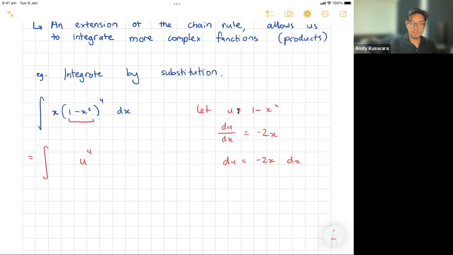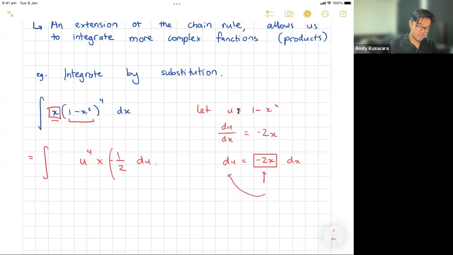I'm going to multiply by negative a half, because how do I get from negative 2x to just a single positive x? I need to multiply by a negative half du, sorry. Because if I take a negative half of this, it's going to give me du and x.